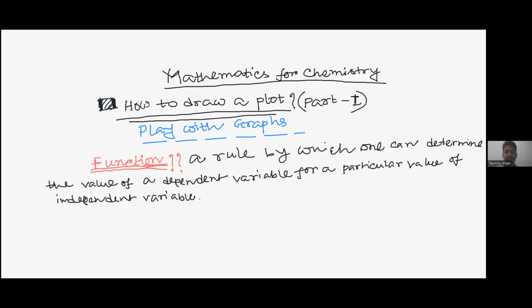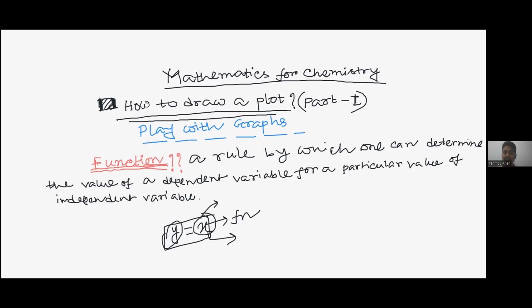So let's say y equals x, for example. This total thing is a function. For each value of x there will definitely be one value of y, so the value of y is determined by the value of x. So y is not independent. y is always dependent on x; whatever x is, that will be your y.